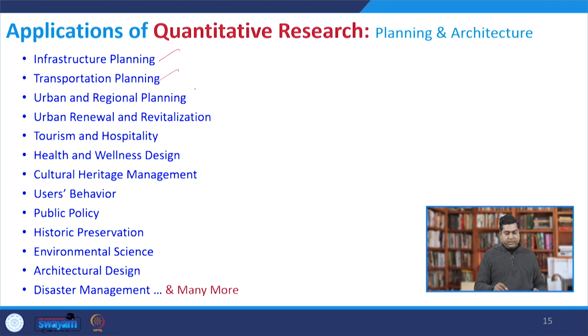Infrastructure planning, transportation planning, urban and regional planning, urban renewal and revitalization, tourism and hospitality, health and wellness design, cultural heritage management, user behavior, public policy and its impact, historical preservation, environmental science, architectural design, different types of building performances, disaster management and many more. We cannot just confine it to 20 areas or so. It can be applied anywhere where we want to measure something through numerical data.